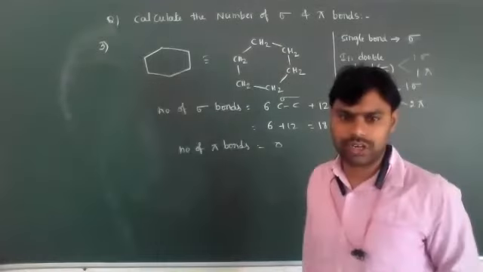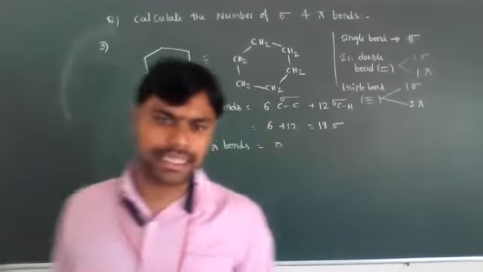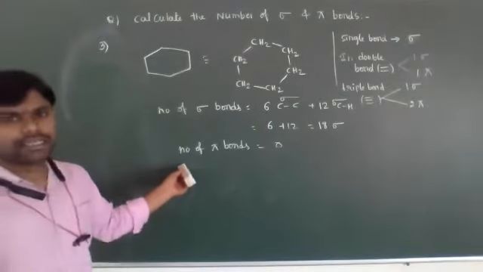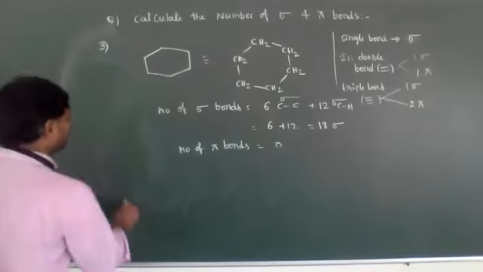Number of pi bonds is equal to 0. Very good, Nandini. Pi bonds are 0. Okay, I will give you one more example.